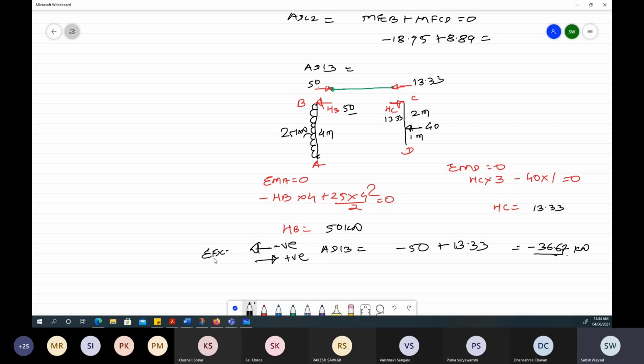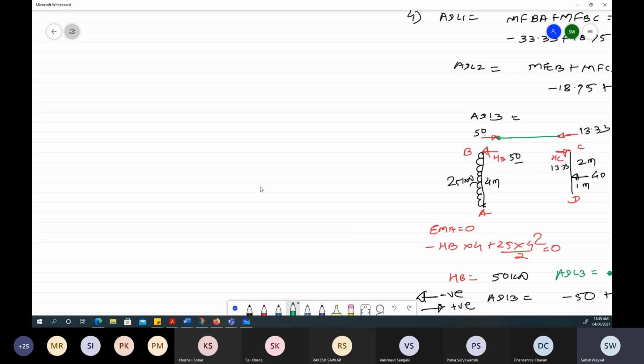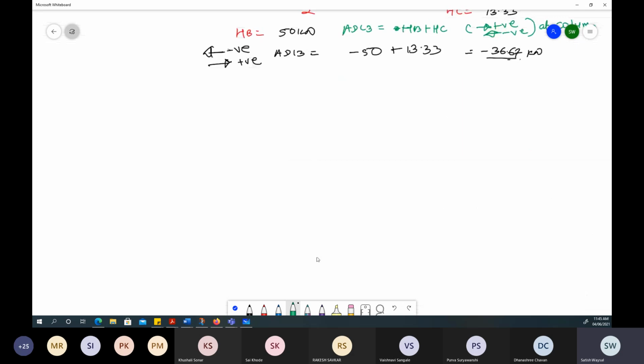ADL3 is equal to minus HB, or say HB plus HC is your ADL3, and here this force was positive, this force negative at the column, for your more confusion. This is the ADL1, ADL2 and ADL3. Later on, the next step is that we have to find out the stiffness matrix.